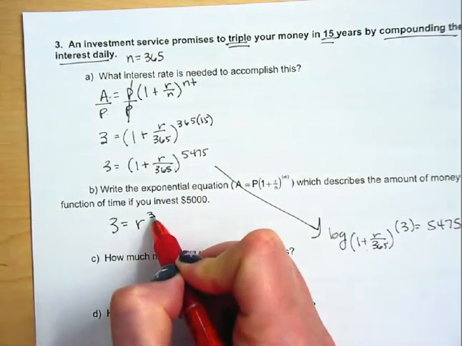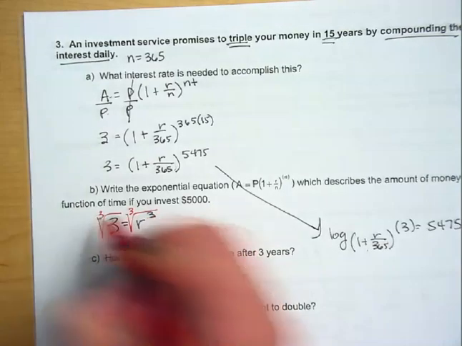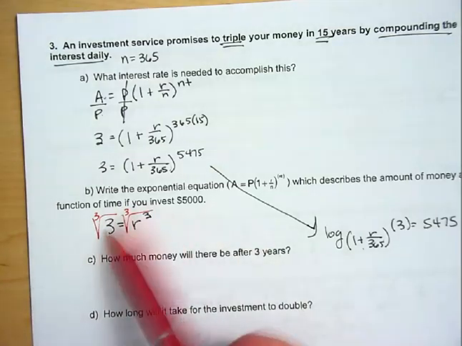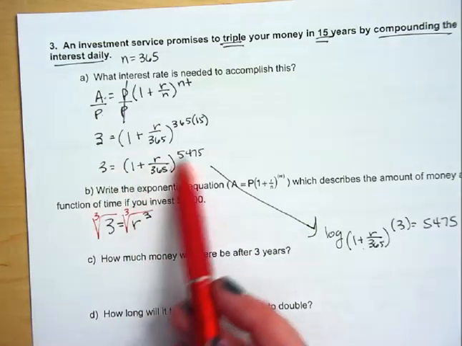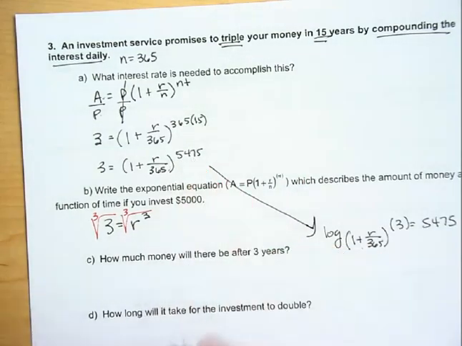Well, the inverse of a power of 3 is a cube root, right? Roots and powers are inverses of each other. I can apply that same idea here, even though everything looks more complicated, the principle is still the same. To undo a power, you do the root with the same number.